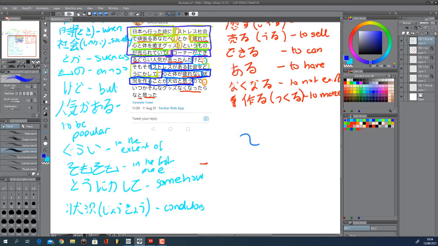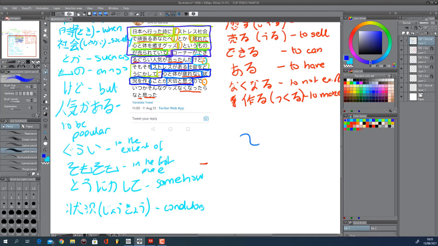If we add it with the incomplete clause, we have そもそもストレスがある社会をどうにかして心と体が疲れない状況を作ることが大切と思う. Actually, it's saying in the first place, somehow should have a society where... hold on.